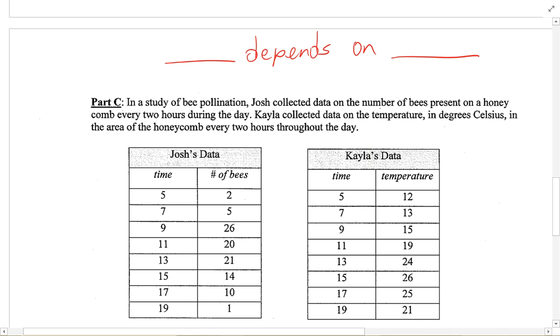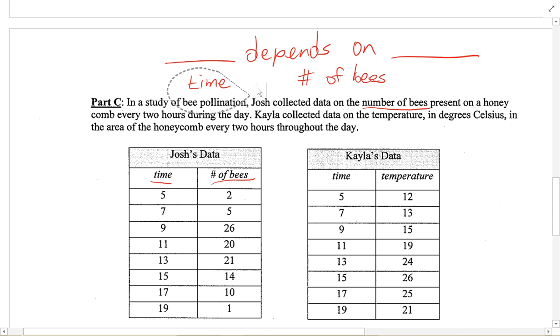He collected data on the number of bees present in a honeycomb every 2 hours during the day. Okay, so Josh's data will be time and the number of bees. So we have to figure this out. We have the word time and we have number of bees. Which one's dependent and which one's independent?